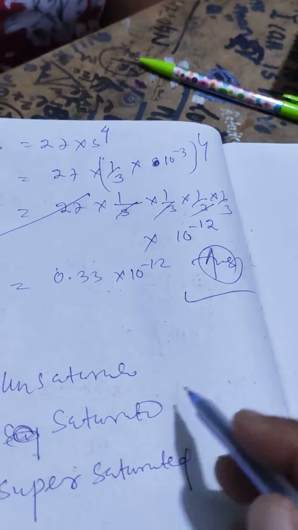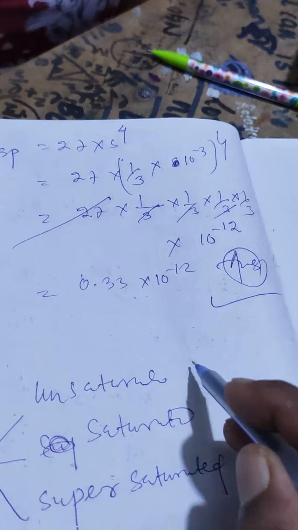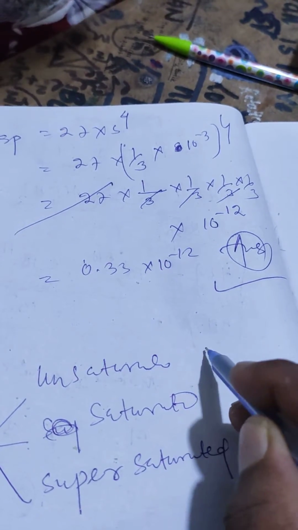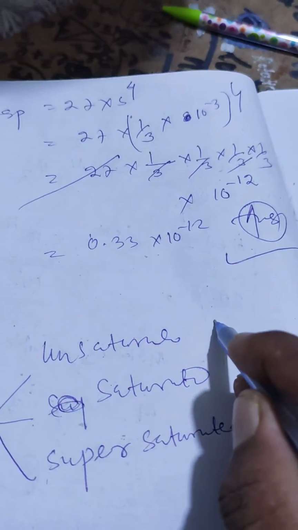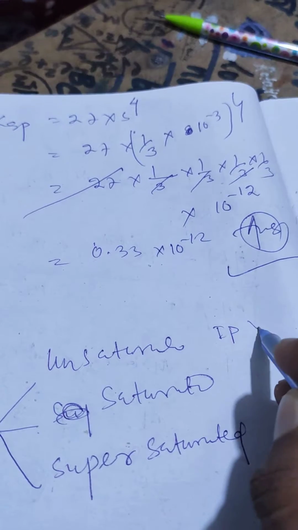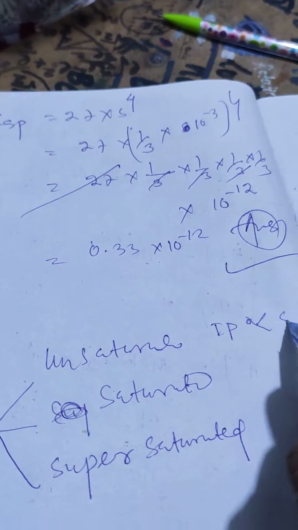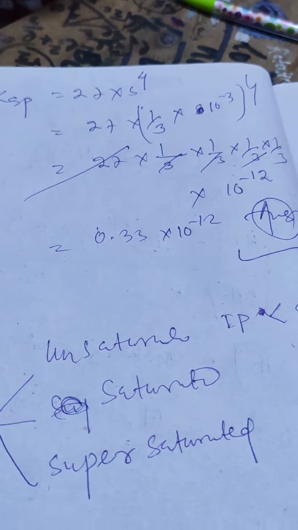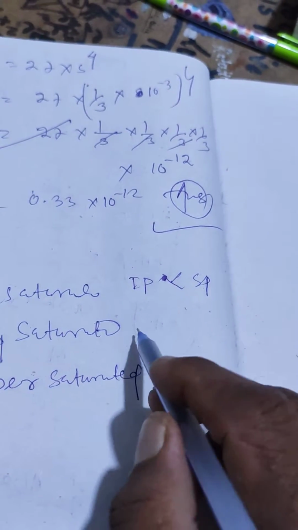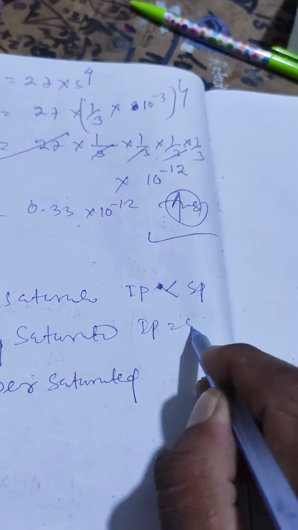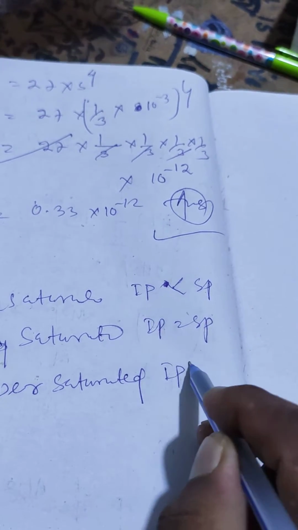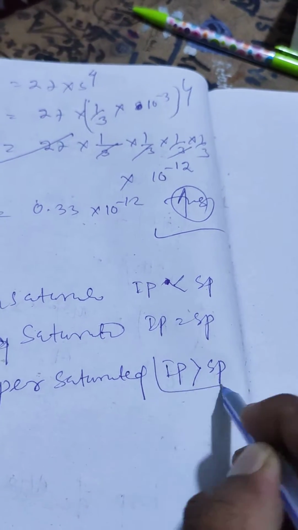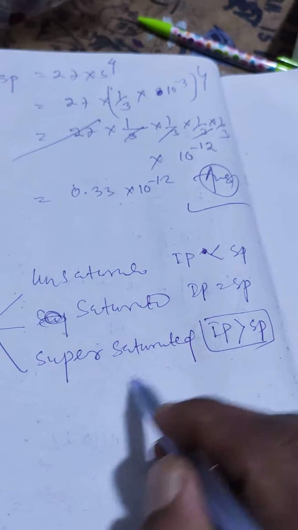In unsaturated solution, you first try to understand the concentration of ion is normally less. In unsaturated solution, the ionic product is less than the solubility product. But in saturated solution, the ionic product is equal to solubility product. But in supersaturated solution, the ionic concentration is more. So the ionic product exceeds over the solubility product.